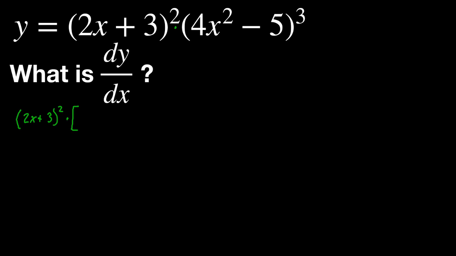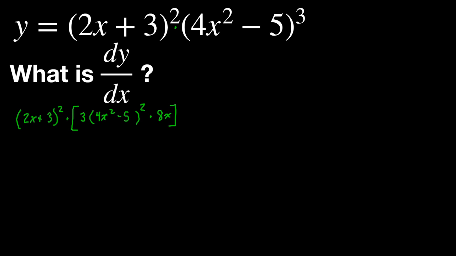Well, the derivative of this is going to be 3 times the inside part raised to the 2nd power. Inside part stays the same. And then you multiply by the derivative of the inside part.